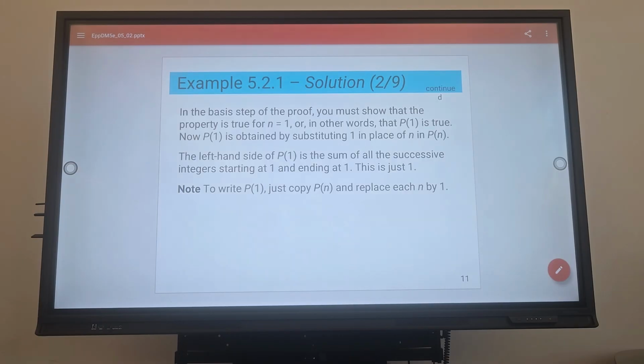In the basis step of the proof, you must show that the property is true for n equals 1, or in other words, that P(1) is true. P(1) is obtained by substituting 1 in place of n in P(n). The left-hand side of the equation is the sum of all successive integers starting from 1 and ending at 1, which is just 1. To write P(1), just copy P(n) and replace each n with 1.